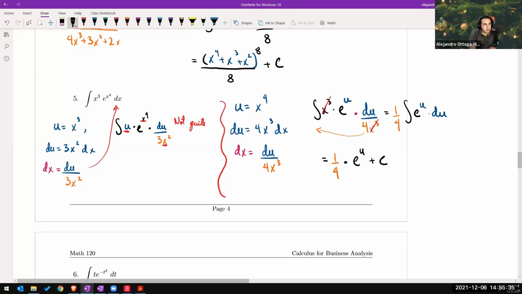But once we have the final solution, we need to replace the u with the value in x. So we're going to get as our final answer 1/4 e to the x to the fourth plus c.